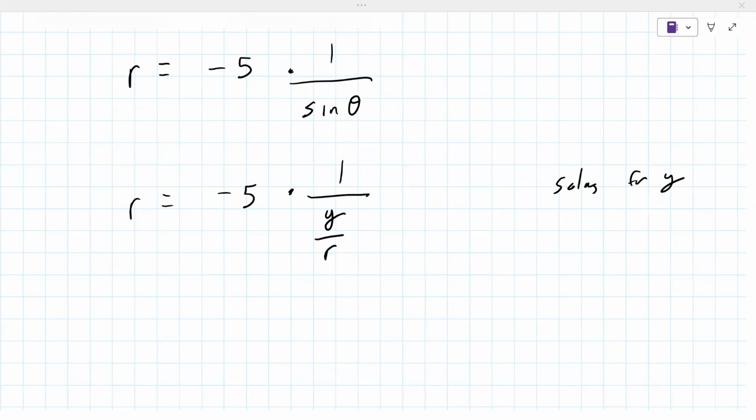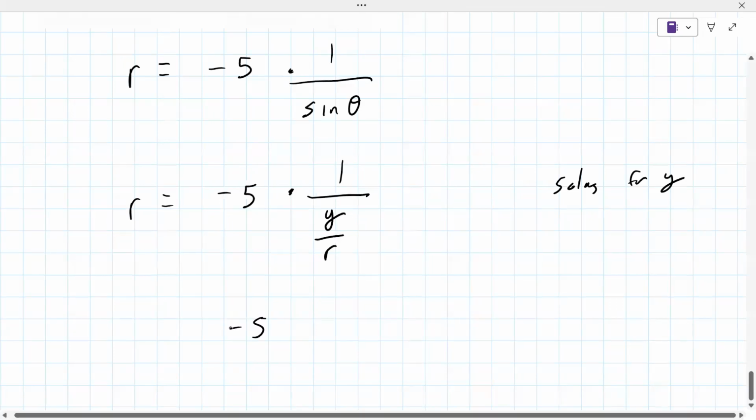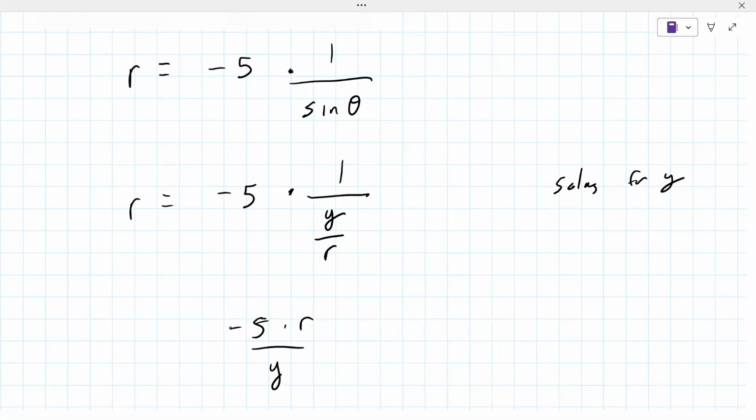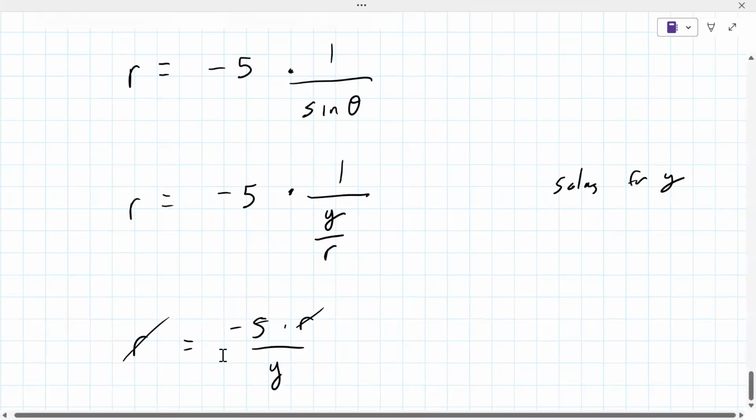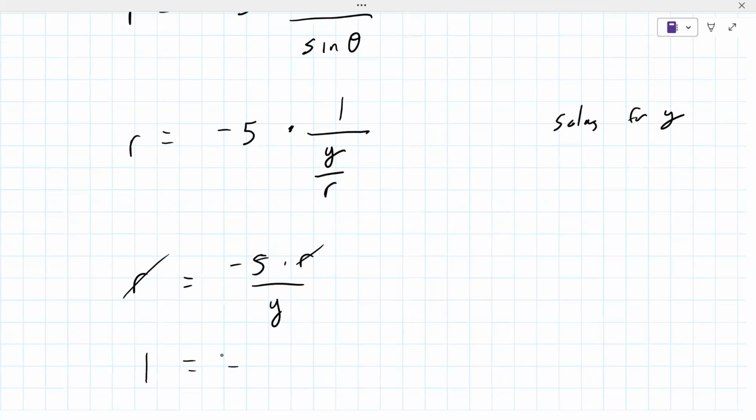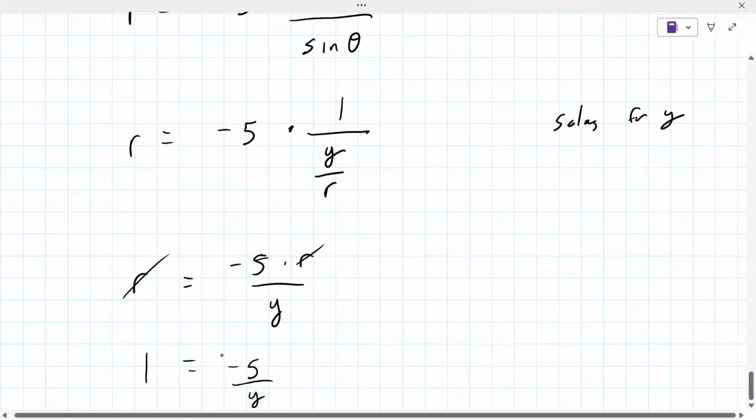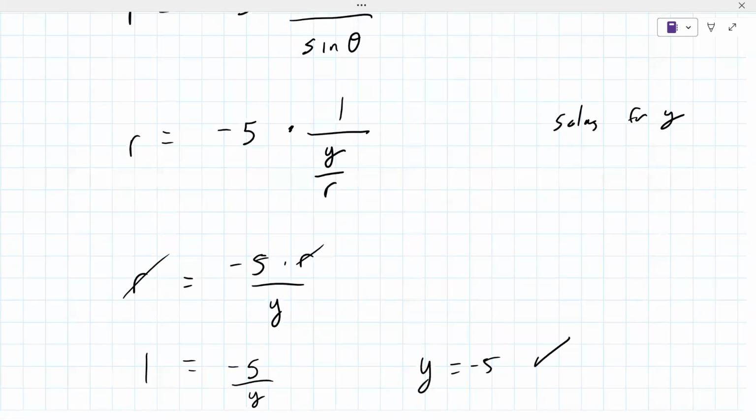There's no x, there's only a y. Oh, sorry, y equals -5. When you flip this, you get r over y equals r. When they're on the same side, they cancel. But what's left on the left side? One, right? And so yeah, it is y equals -5. Good.